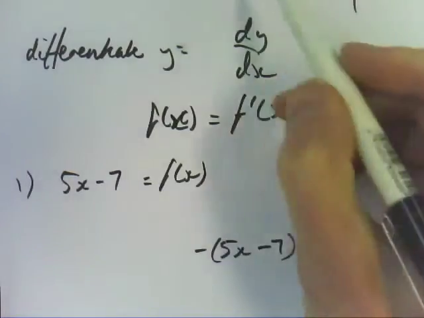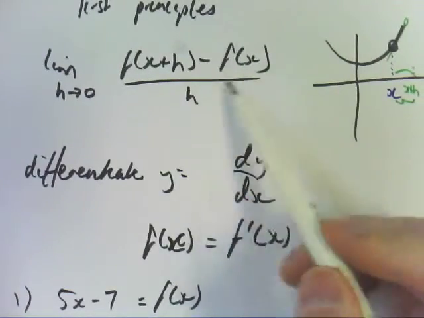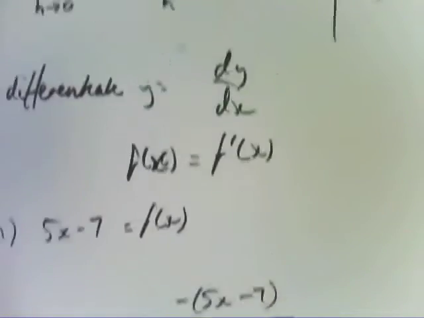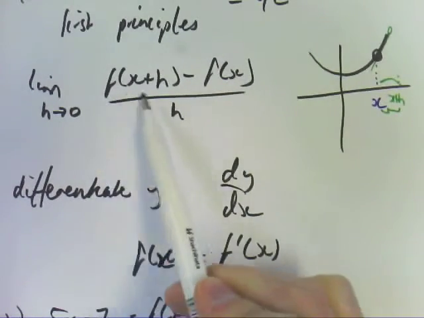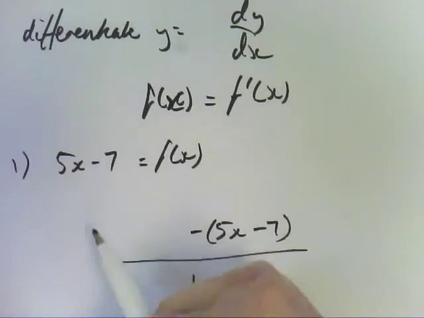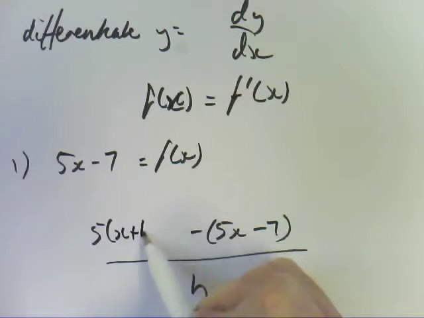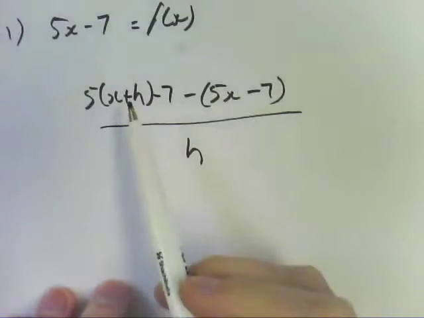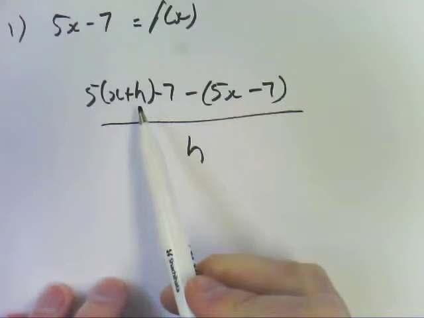That's this section here. We're going to divide that by h. According to our rule, we're dividing by h. But what's f(x plus h)? How do I put that in here? It's as simple as that. Just substitute it in. So instead of writing x, we write x plus h.